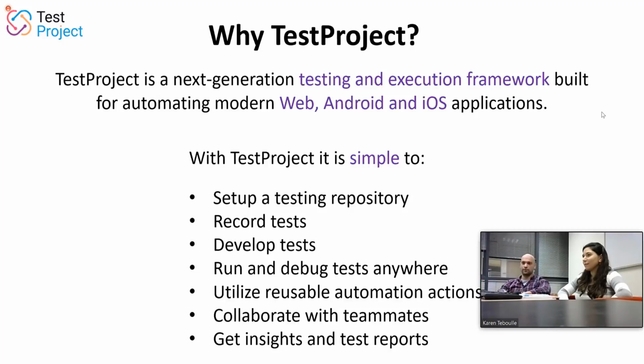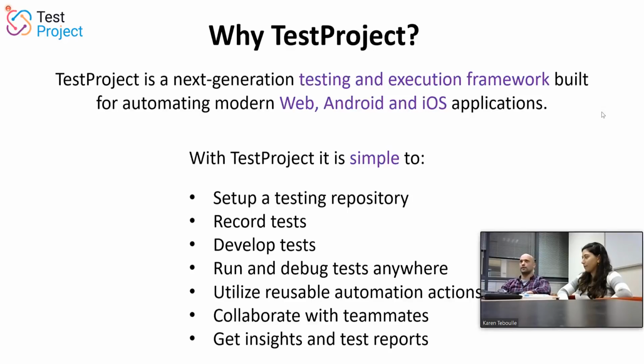So why TestProject? TestProject is a next generation test automation framework built for test automation of modern web, Android, and iOS applications. It helps developers and test engineers automate web, Android, and iOS applications, both native and web applications as well.